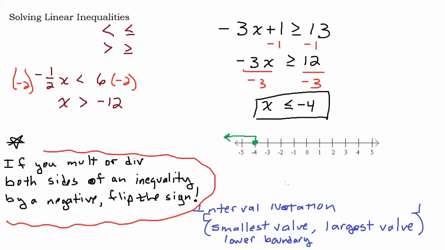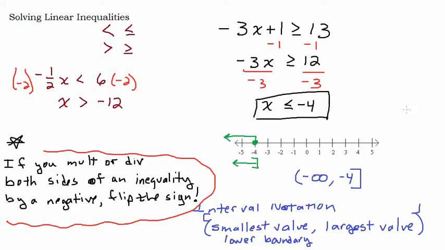All right? So the other way to do it would be to do a bracket at negative 4 and then that way. How about interval notation? Okay, so since it's going all the way to negative infinity, you're going to start with negative infinity, and you're going to go up to negative 4. Do you want to include negative 4 or not? Yes, you do, because it has this equal to part, so you're going to use a bracket. So that would be the answer in interval notation.